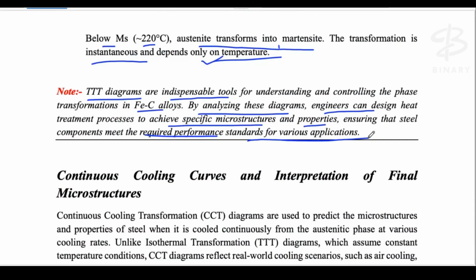These are just the idea behind knowing how materials behave, what their microstructures are, and according to that we can predict their mechanical properties, and by knowing the mechanical properties we can use them accordingly in applications.